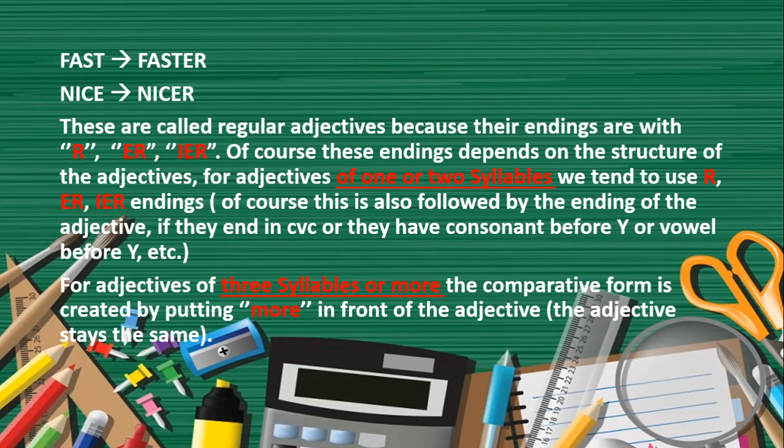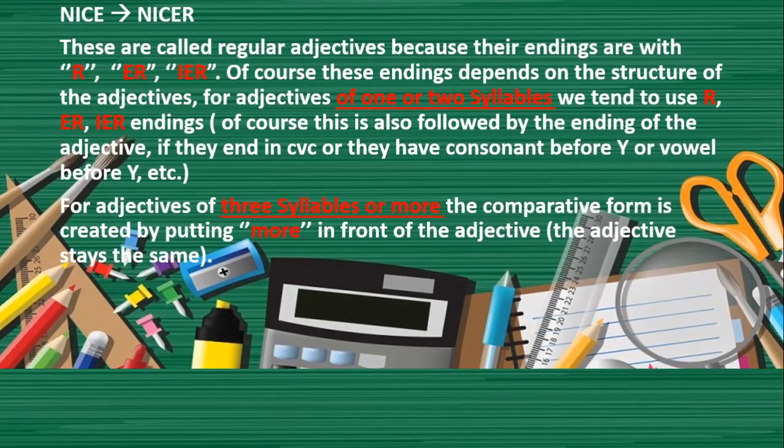The comparative form of those adjectives is created by putting more in front of the adjective, and the adjective stays the same. So that means that I will just place more in front of the adjective. We will see some examples so you can have it clear.